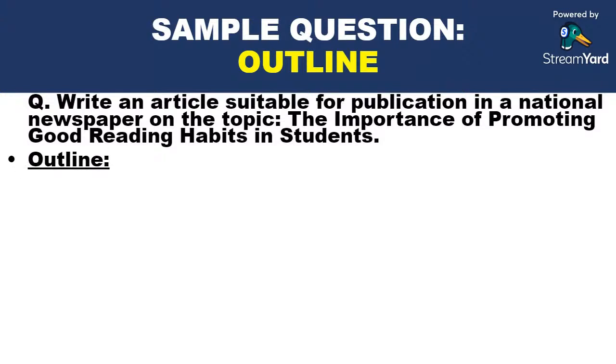Your outline should be based on this topic. When you think about it, what you should jot down are the benefits that promoting good reading habits can give to students, or the kind of benefits students can derive from cultivating good reading habits.